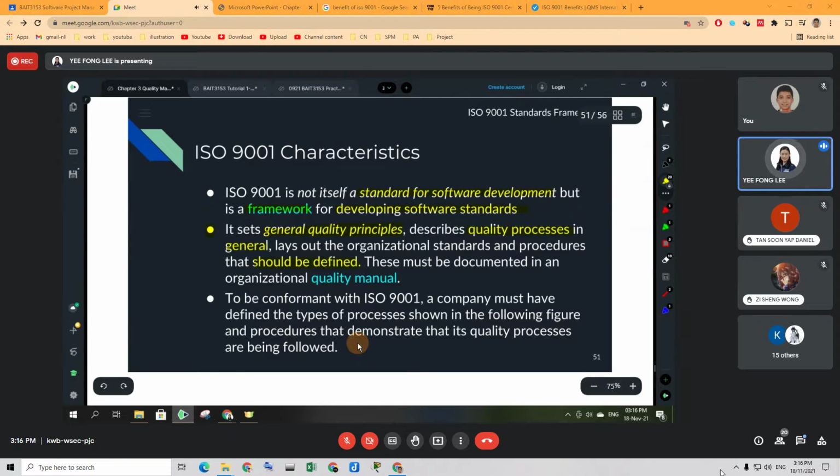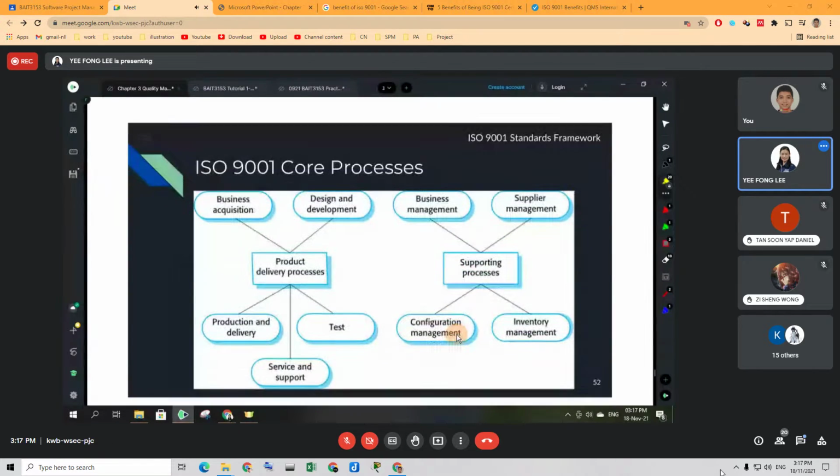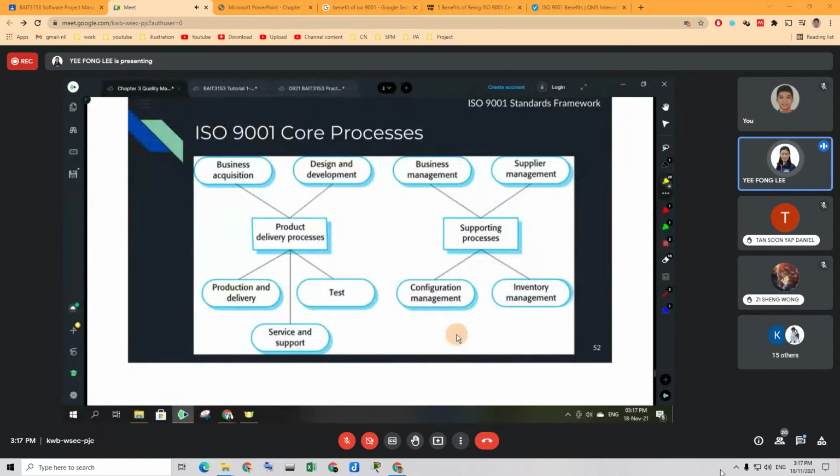So to be conformant, meaning in line with this standard, a company must have defined the types of processes shown in the following figure and procedures that demonstrate quality processes. So this is a guideline, general quality standards.